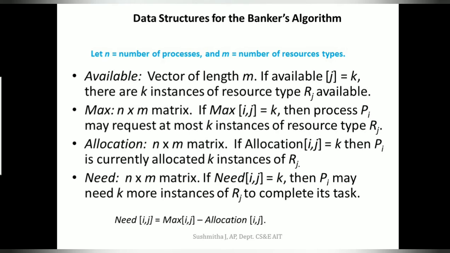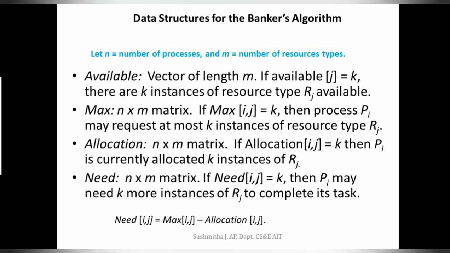For example, I have process P1 that needs 3 resource types of instance 2, 1, 2. That is, process P1 needs 2 instances of resource 1, 1 instance of resource 2, 2 instances of resource 3. So that is the maximum requirement the process has to complete its execution.